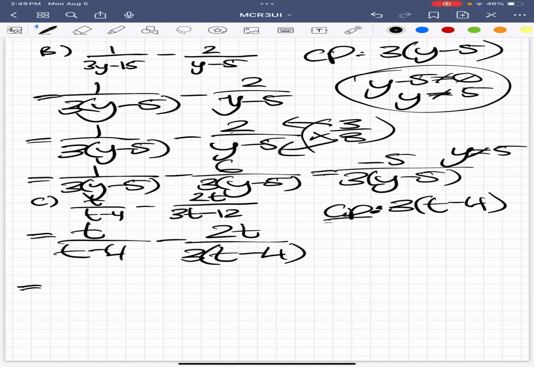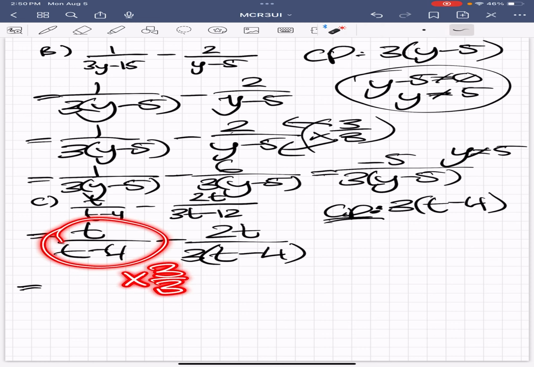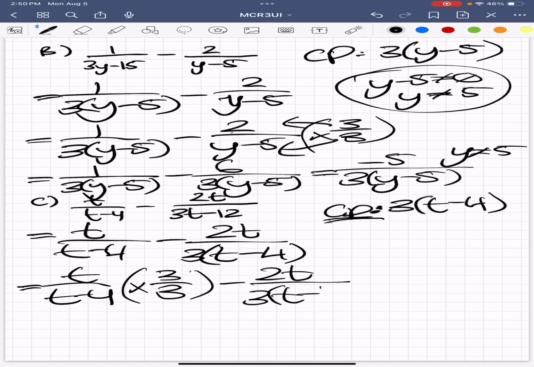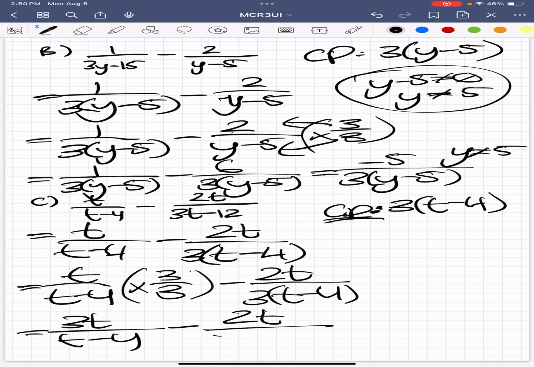So that's our common denominator. So we multiply this piece by 3 over 3. So t over t minus 4 multiplied by 3 over 3 minus 2t over 3 times t minus 4.